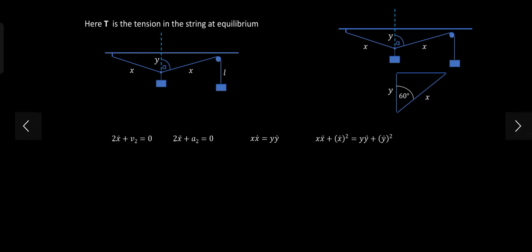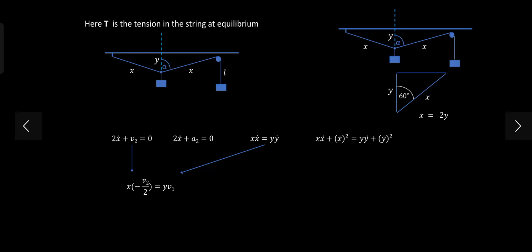Here the angle 60 degree is the equilibrium angle. So for equilibrium, x must be equal to 2y because the angle is 60 degree. By simple trigonometric relation, we can find the relation between x and y, which is x is equal to 2y. So from these two equations, we will get this.